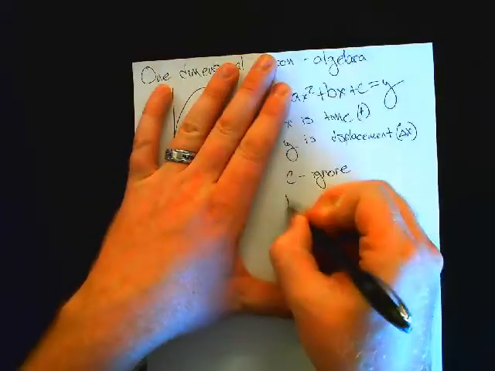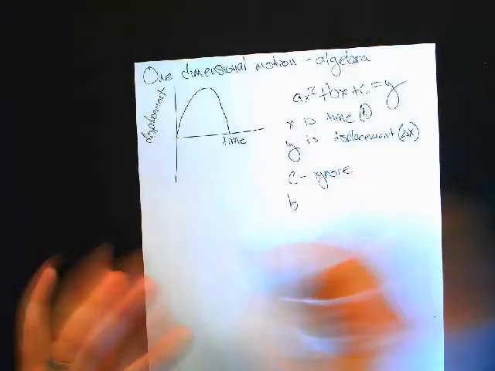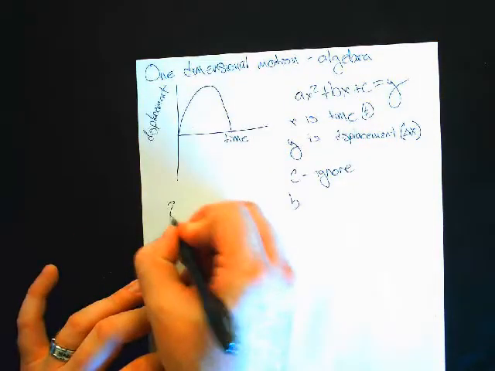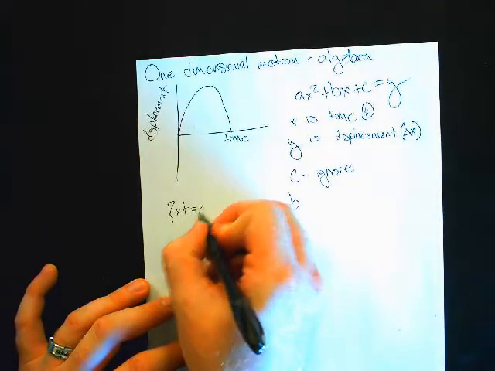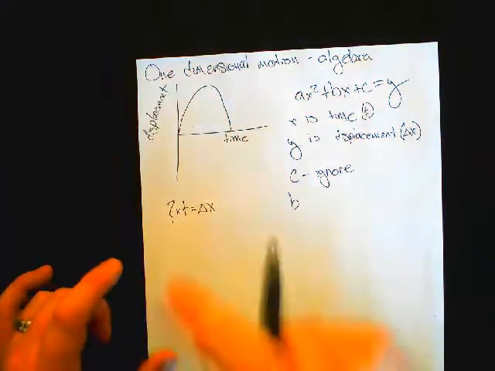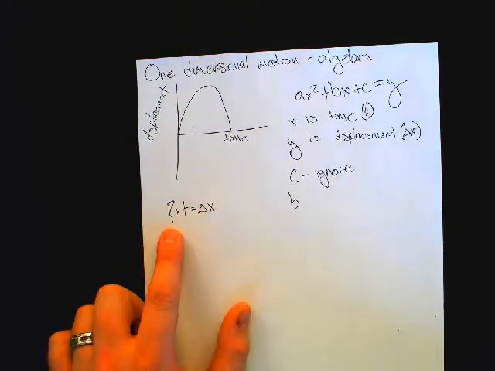B. Well, if x is t and y is change in x, that means we've got an equation that says something times t is change in position. We've seen this equation. What is this last variable? If you're not sure, flip back a page in your notes.